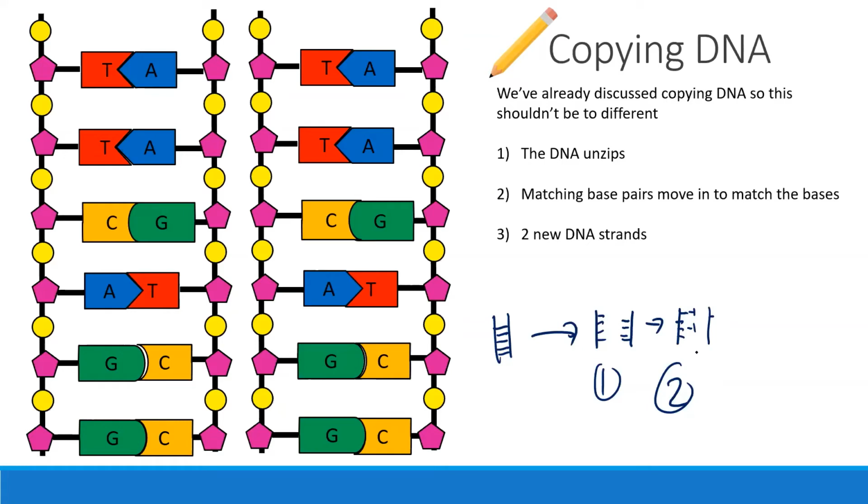And then I'll do the same thing on the other side. It doesn't have to be too precise. I'm going to draw another line like this, and I'm going to do this and this. And then the last step is that we end up with 2 strands of DNA. I'll give you guys a second to copy this down.